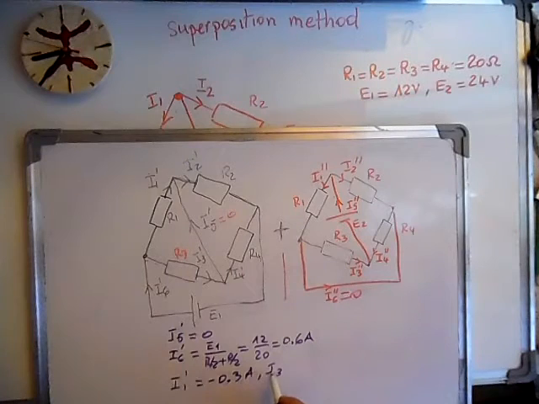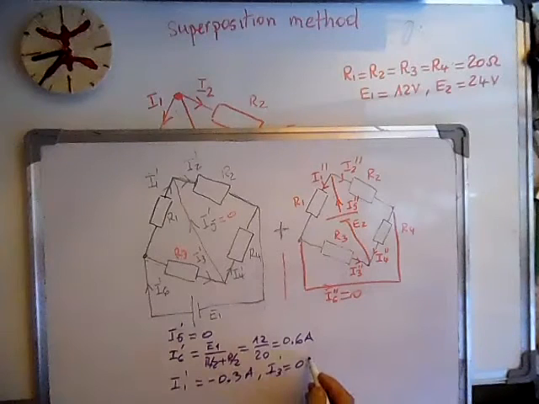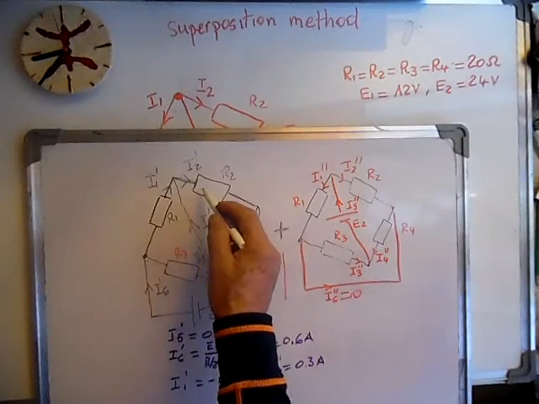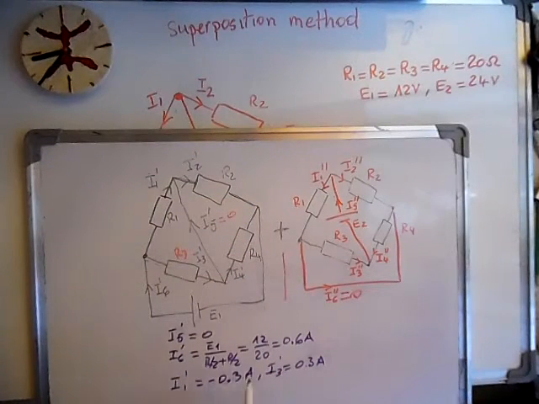I3 prime is equal to half of this current, so 0.3 amps. I2 prime will be equal to I1 prime.